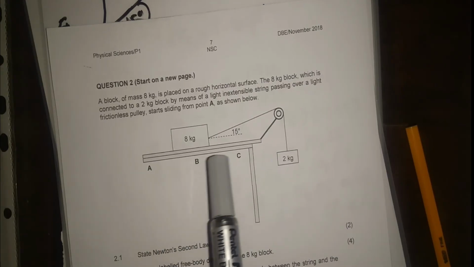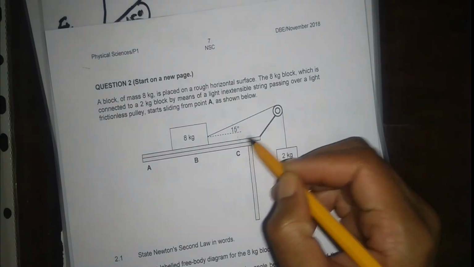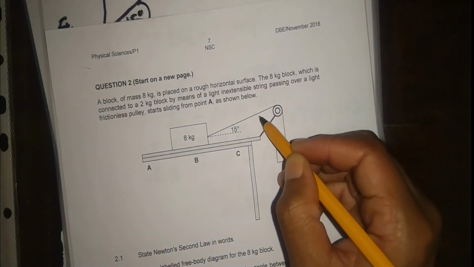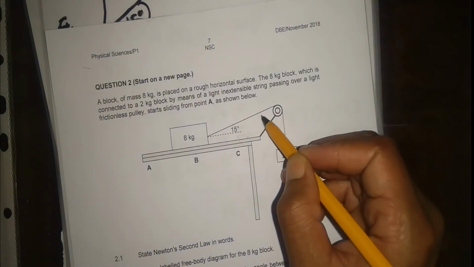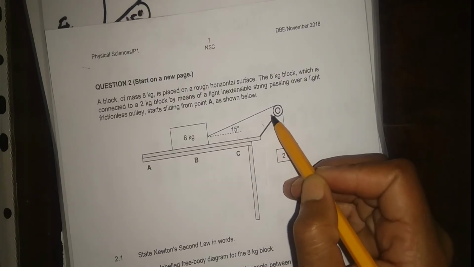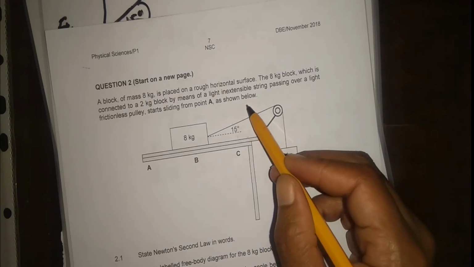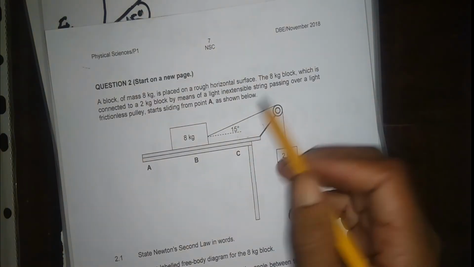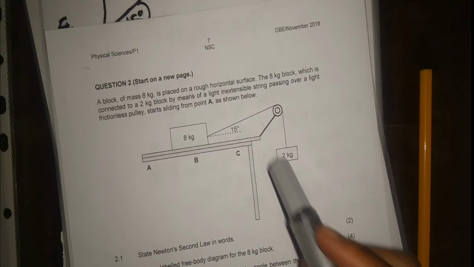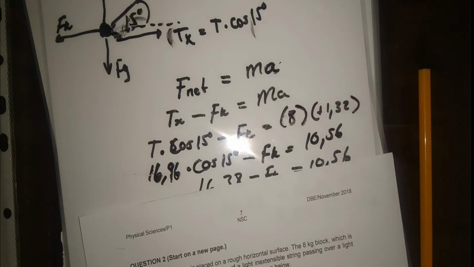Okay, you see the 8 kg block as it moves from B to C, the block will maybe be higher up when it arrives at C. So that means the angle between the horizontal and the string will change. So in other words, the normal force will change. And then it changes, so that means the frictional force between the 8 kg block and the horizontal surface will change too.